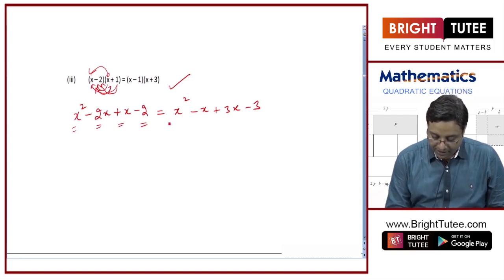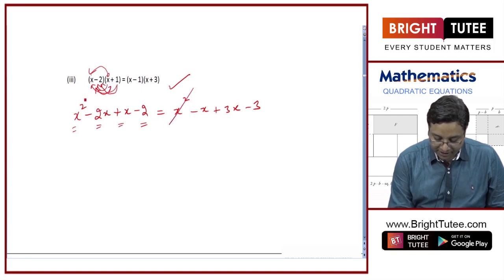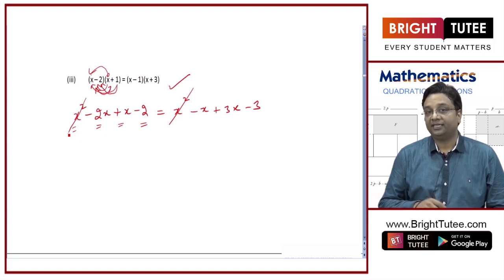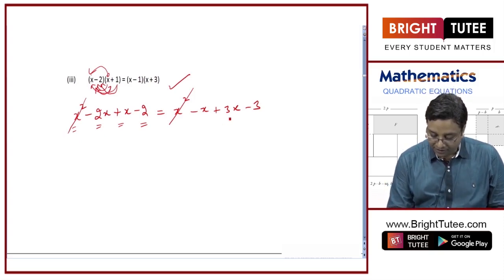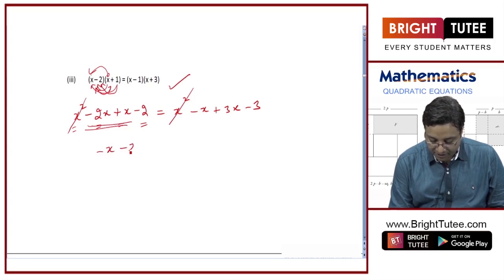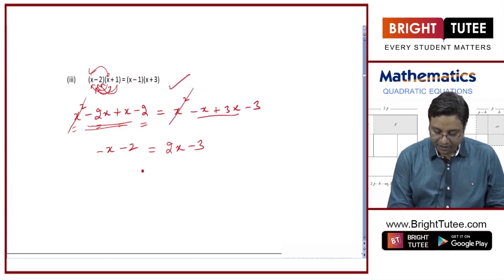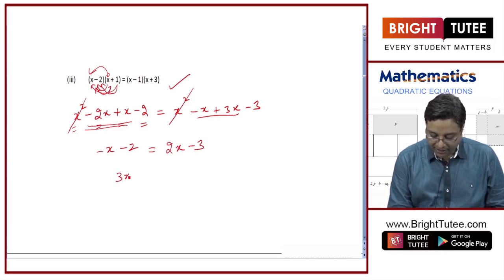Now you can see that x square gets cancelled here, right? The square term gets cancelled in this question. Now we have got minus x minus 2 on the left hand side plus 2x minus 3 on the right hand side. So it will be 3x.